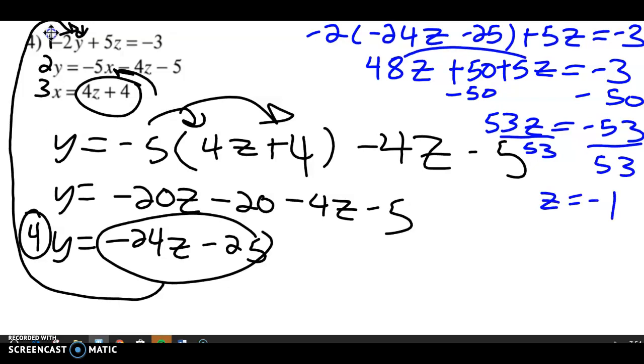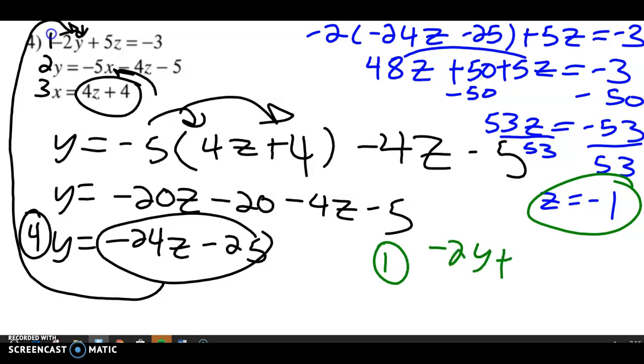As I look at equation 1, I have just a y and a z, so I am going to take this answer and go to equation 1, and I'm going to replace my z with negative 1.